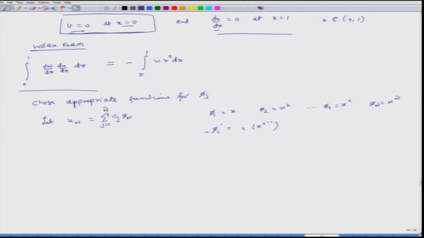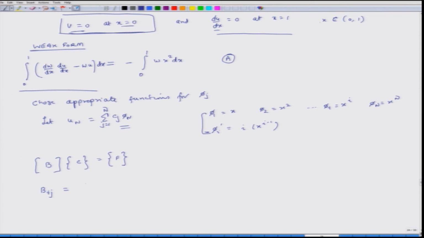So, I put this information back into equation A, and then once again I get a B matrix times a C vector is equal to an F vector. And what is my Bij? Oh, there is something I missed. In this relation it was w times u dx.